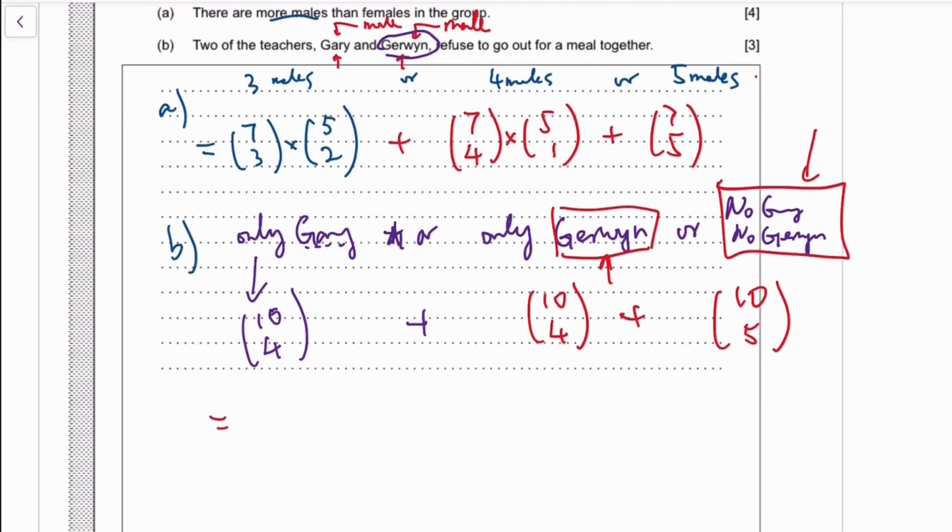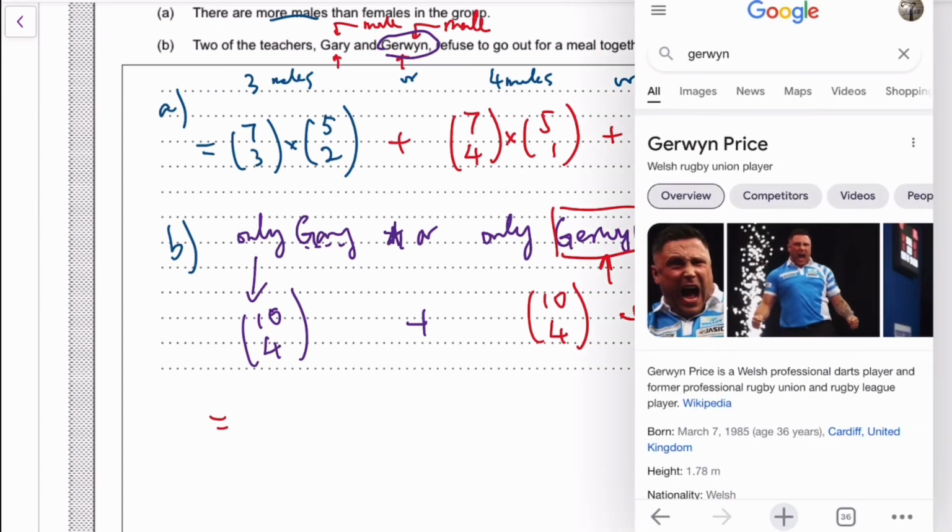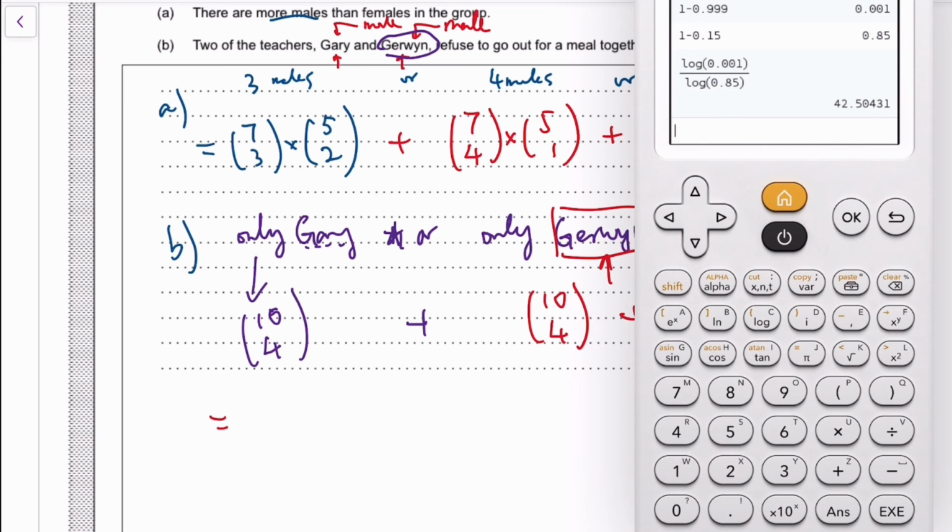Now, obviously, this is not the only way that you can compute this. So let's make sure you get the same answer as me.